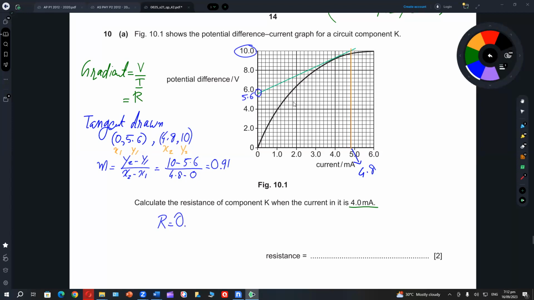Now look at the unit, it's milliampere. So should we convert it into ampere? We need the answer in ohm.